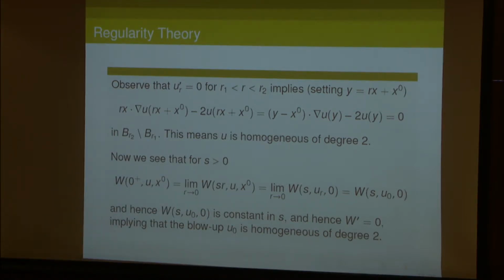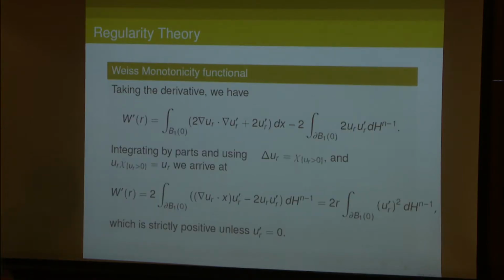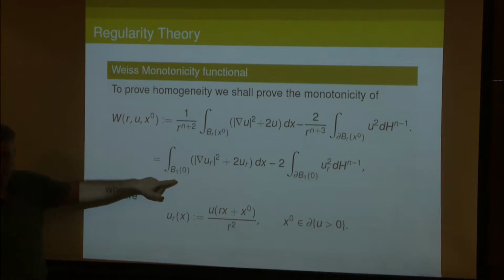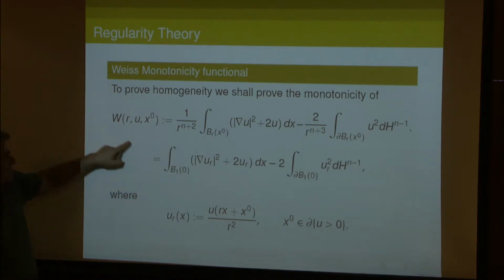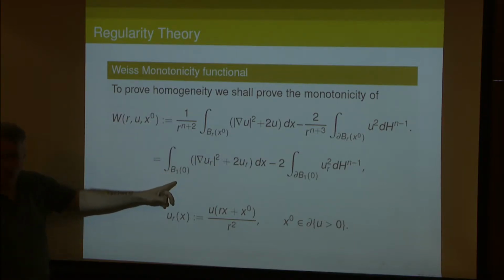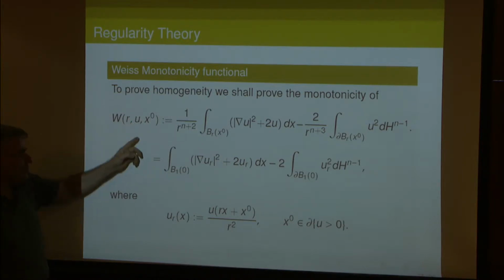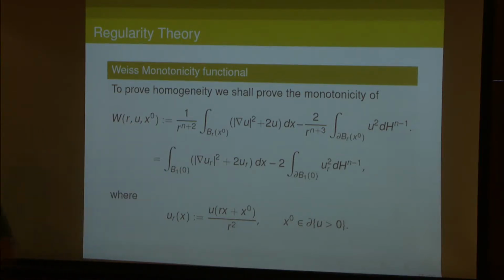So go to the previous page. Here. You see here, I can rewrite it like this. So think of it as there is an s here, s times r. I can still rewrite it in the rescaled form. So the energy at rs will be the energy at s of u_r. So I scale only with r, not with sr. So I keep s.